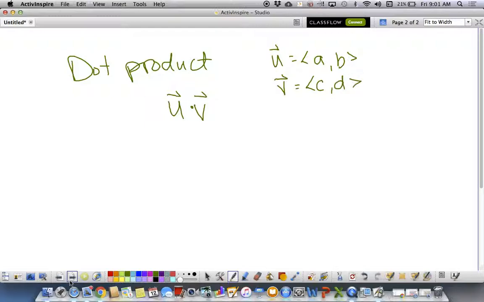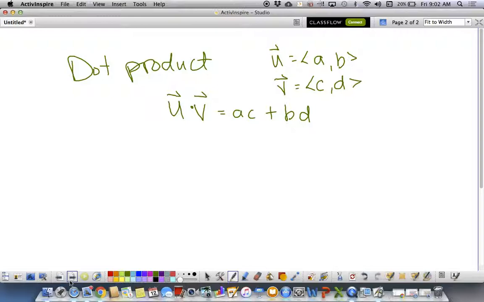When you're multiplying, you're going to multiply a times c plus b times d, and you will get one number. We multiply them, then add them together. You're not going to have two numbers.